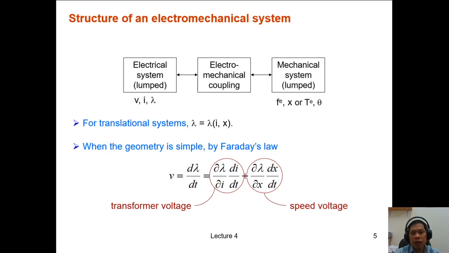When the geometry is simple, we can apply Faraday's law, and we will see that V equals d lambda by dt will now consist of two components. The first component is called transformer voltage, because it doesn't have anything related to the speed or the displacement. The second component is called speed voltage, because it consists of dx by dt, which is speed.